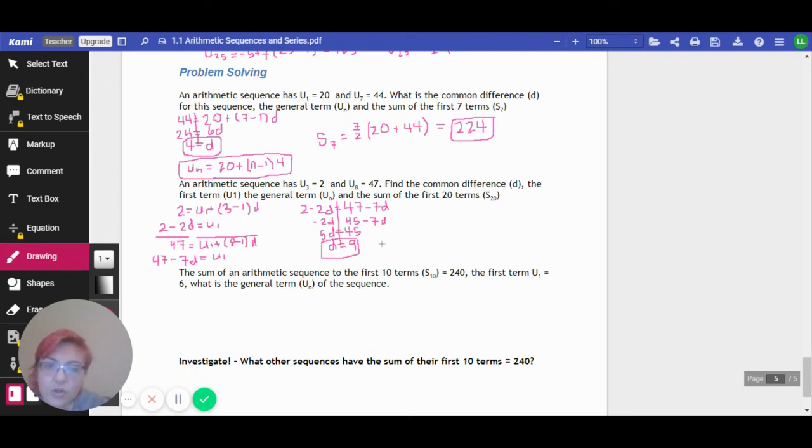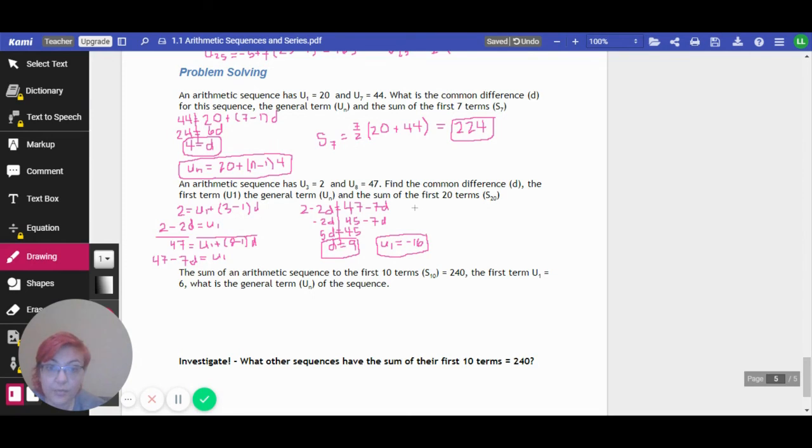So I'm going to get the first term real quick by simply putting in my calculator 2 minus 2 times 9, which is negative 16. If you want to really double check that, you can pop it into the second one as well. 47 minus 7 times 9, and you get negative 16. All right, so that is the first term of my sequence.